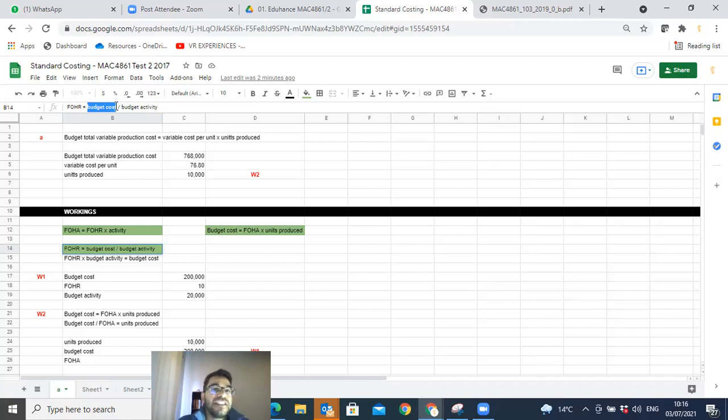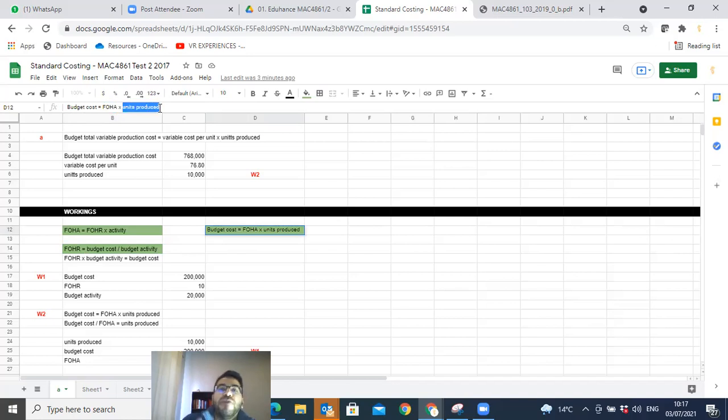So when you deal with fixed overheads, run this formula and that formula through your mind. It's going to help you identify what is given and what is not, because what is not given will most likely need to be calculated. Okay, then you want to run this formula through your head as well: budgeted costs is equal to overhead applied per unit, so those 20 Rand applied per unit, times units produced.